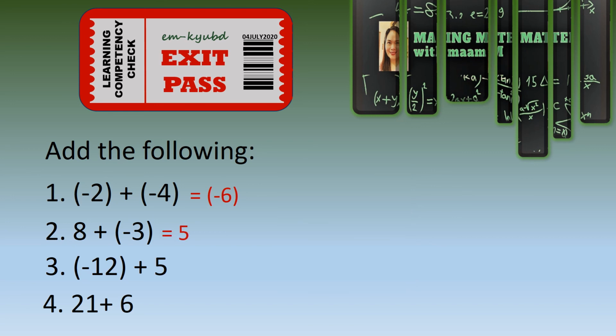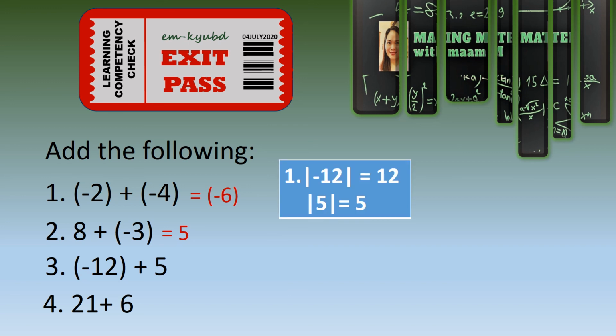Number 3, -12 plus 5. Case 2. So, follow the 3 easy steps. Step 1, what is the absolute value of -12? It is 12. What is the absolute value of 5? It is 5.